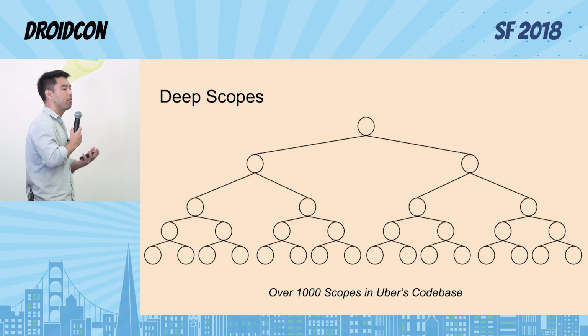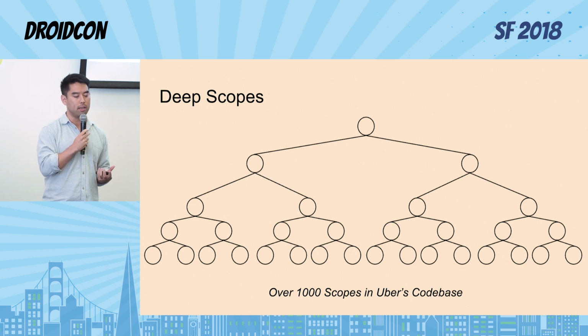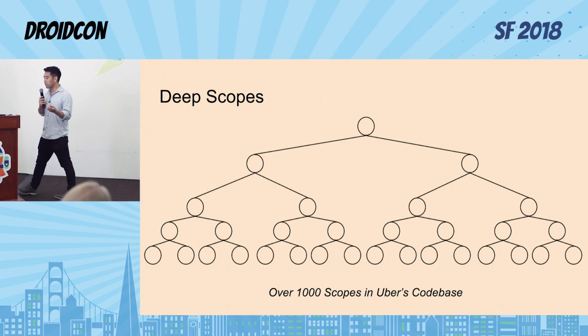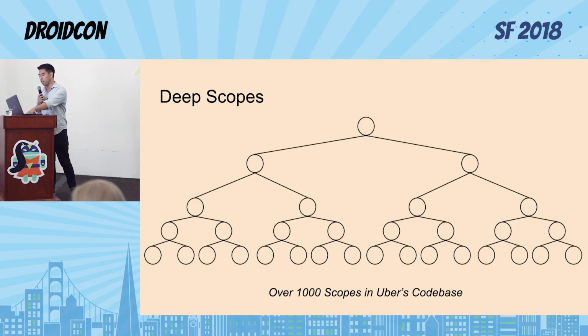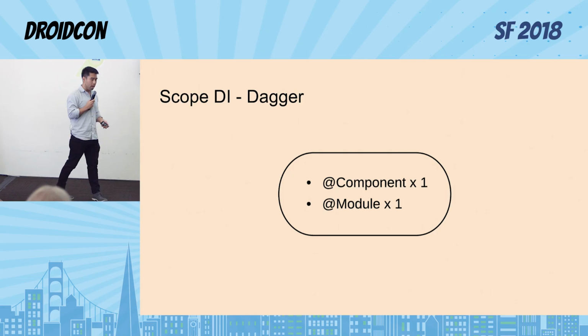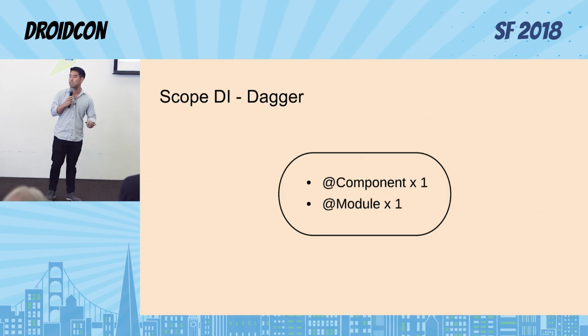Maybe we can have several components for our application and mitigate that issue a little bit. The solution that we've found to be the most effective is actually having a component and a module per each of these scopes. And this gives us the most control over, again, dependency visibility and dependency lifecycle.